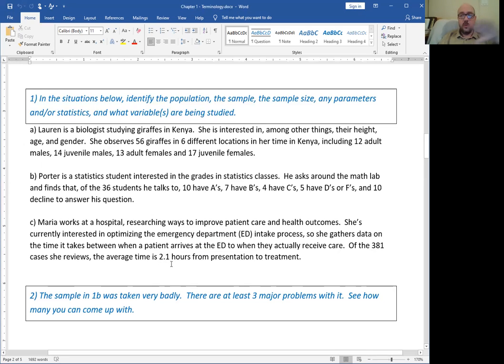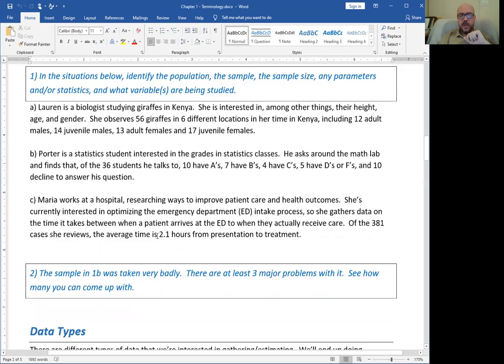As usual, there are no parameters presented. We don't know anything about the population. We can guess that the average time to treatment is probably about in the vicinity of 2.1 hours, but we don't actually know that. We have to do some statistics on that first. And what variables are being studied? Time to treatment. Time from presentation to treatment is the variable that's being studied.